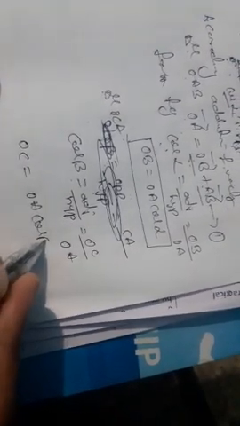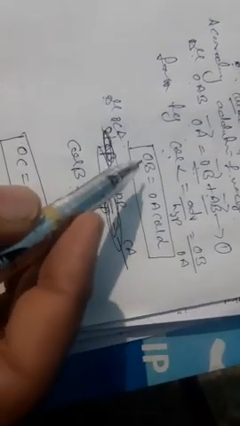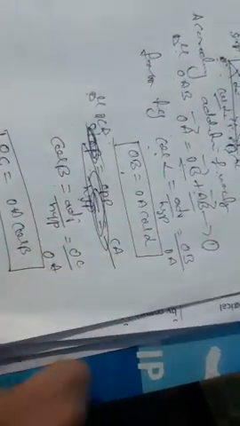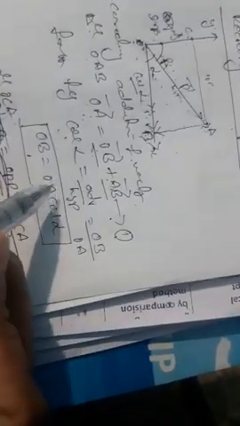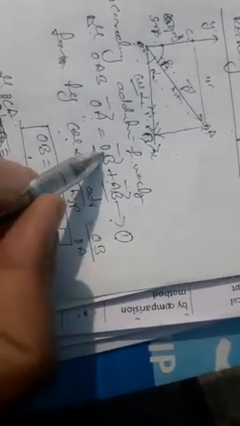Cross multiply, that is OC is equal to OA cos beta. That is the value of OC. The values of OB and OC are substituted in equation number 1. From equation number 1, OA, that is the resultant vector P, is equal to OB. First substitute the value of OB.